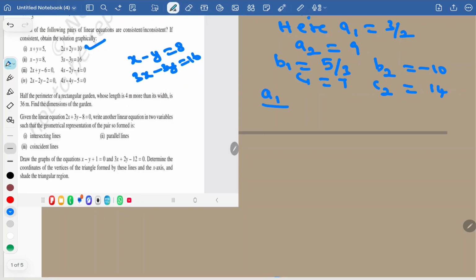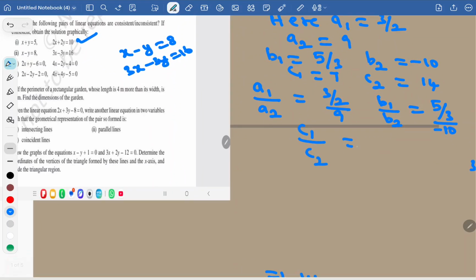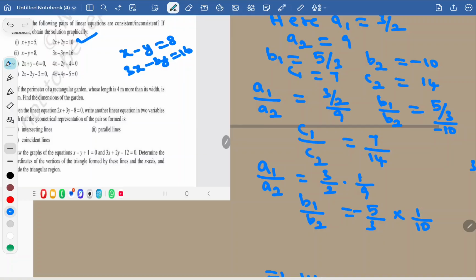c1 by c2 is 7 by 14. a1 by a2 is 3 by 2 into 1 by 9. b1 by b2 is 5 by 3 into minus 1 by 10.